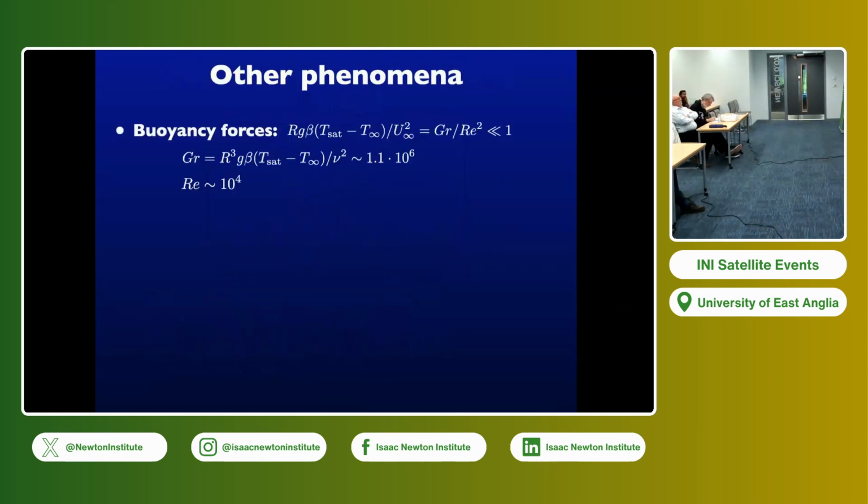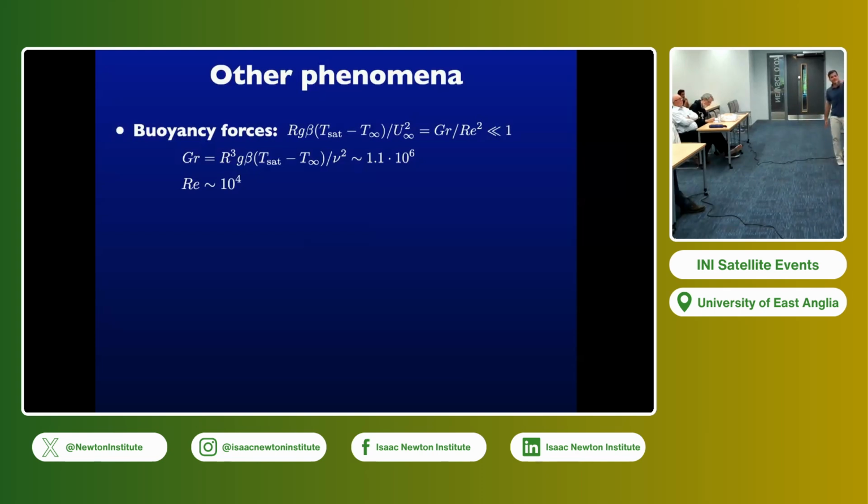There are some other terms that we did not include, because they were not relevant. In particular, buoyancy forces in the liquid. If one compares buoyancy in the liquid with the pressure term in the momentum equation, this balance is equal to the Grashof number divided by the square of the Reynolds number.